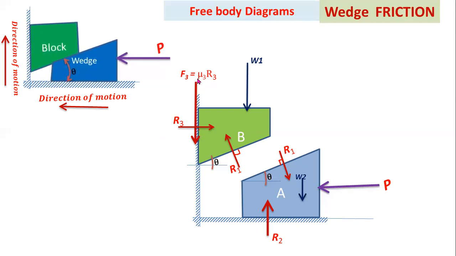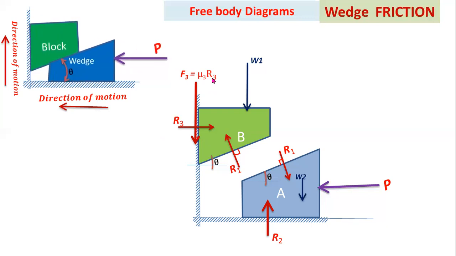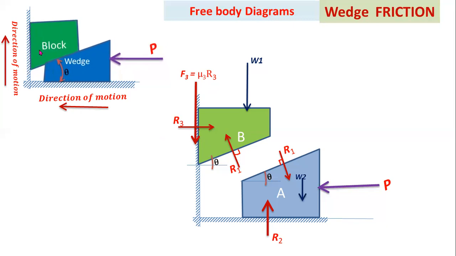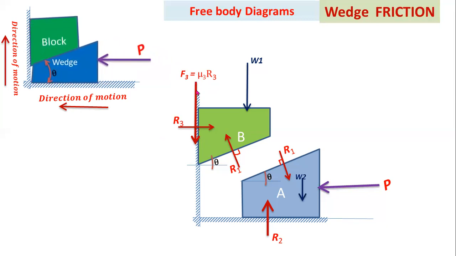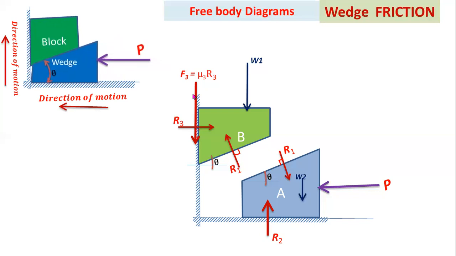Now this is the frictional force F3 equal to mu3 R3. When you apply the pushing force on the wedge, this block will move in the upward direction, so the frictional force acts in the downward direction. Frictional force always acts opposite to the direction of motion.